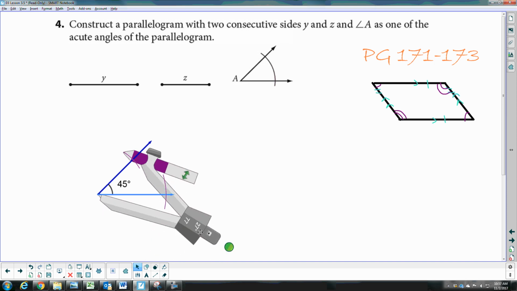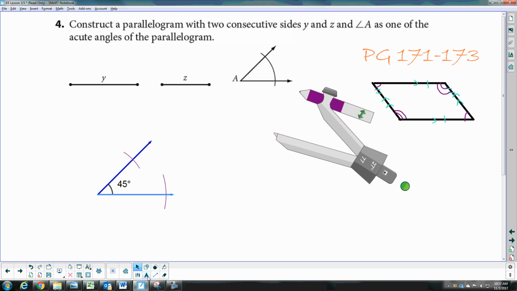Okay, so here we go. This is y, and this is z, the side length.